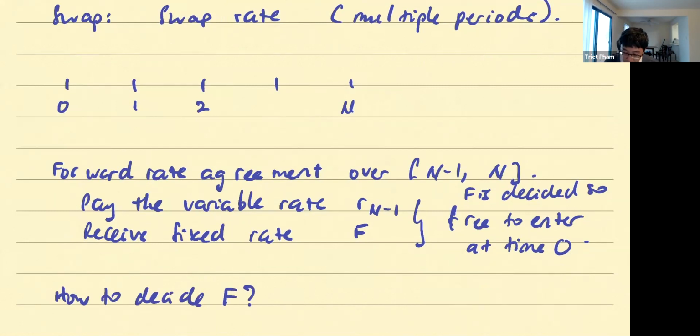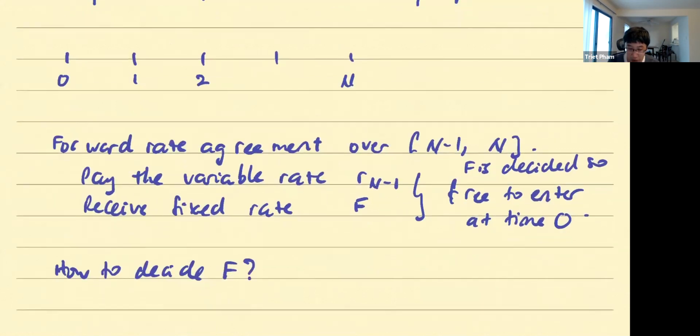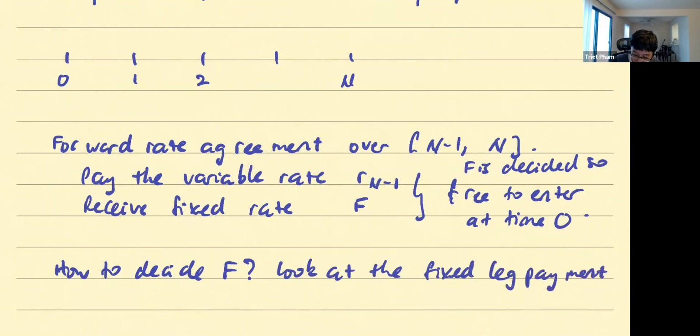Well, we just need to look at, it's typical to refer to one of them as a fixed leg payment, and a variable leg. And make sure they're equal.